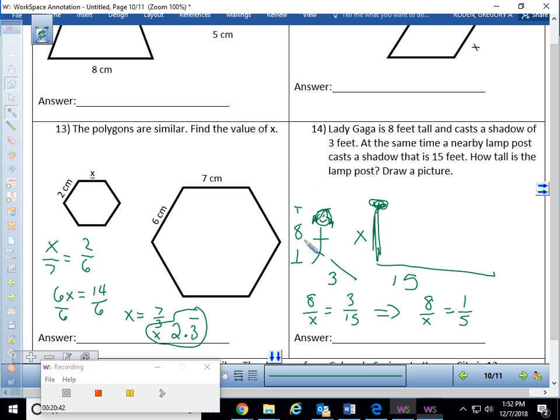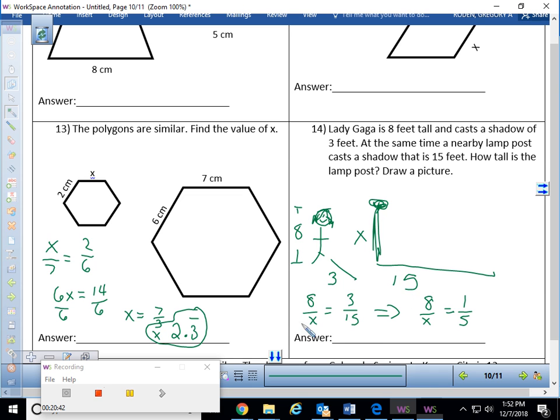Okay, so 8/3. Lady Gaga is 8 feet tall, and she casts a shadow that's 3. And the flagpole, or in this case, it's a lamppost. We don't know how tall it is, and it casts a shadow that's 15. So we just take Lady Gaga's height, 8, and we compare it to the lamppost height, which is x, and then we go back to Lady Gaga's shadow, which is 3, and compare it to the lamppost's shadow, which is 15.